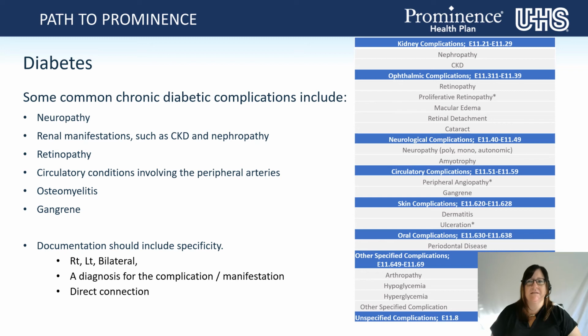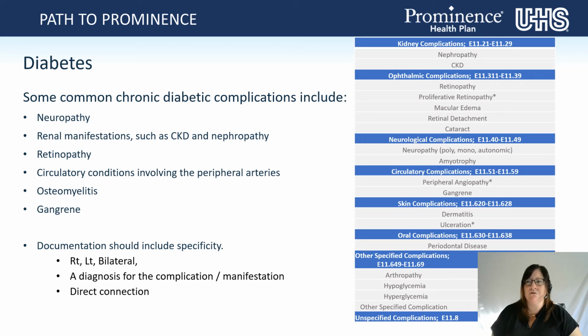Diabetes and some common diabetic complications: neuropathy, renal manifestations such as CKD and nephropathy, retinopathy, circulatory conditions involving the peripheral arteries, osteomyelitis, and gangrene. You'll see here on the right, when we talk about a kidney complication, try to get specific. Is it nephropathy or is it CKD? If we're talking about ophthalmic complications, is it retinopathy or macular edema?